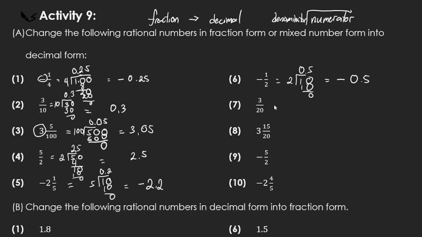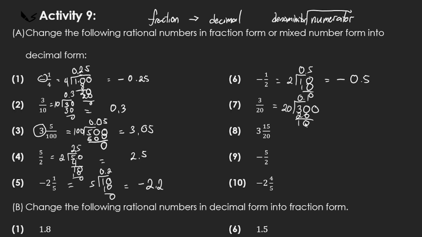Next, we have 3/20. Numerator divided by the denominator. How many 20's are there in 3? There's none. Add a 0. So how many 20's are there in 30? There's 1. So 1 times 20 is 20. So the difference of 30 and 20 is 10.